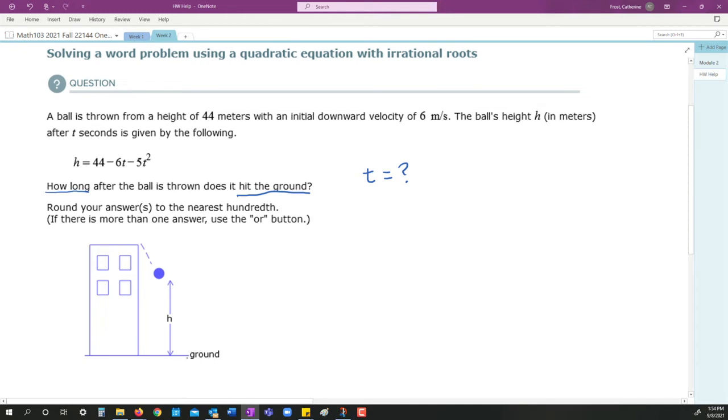If it hits the ground, its height would be 0 meters, right? So we want the number of seconds for h to be 0. We need to set this equation equal to 0: 0 equals 44 minus 6t minus 5t squared.